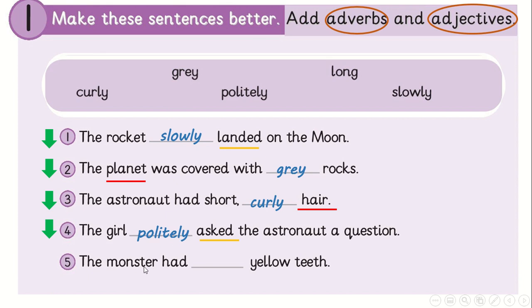Okay? The monster had yellow teeth. The monster had, so here we have to describe the noun, teeth. Okay, so teeth, it will be long. Okay.